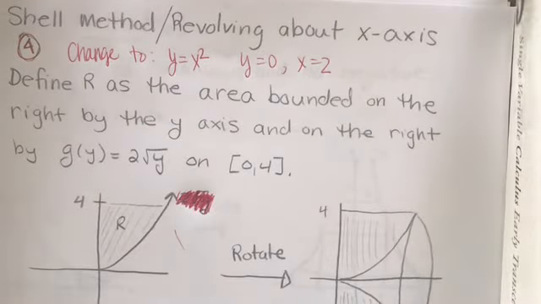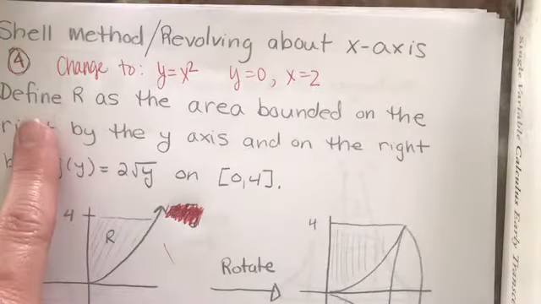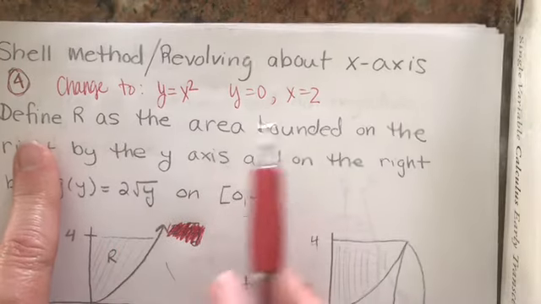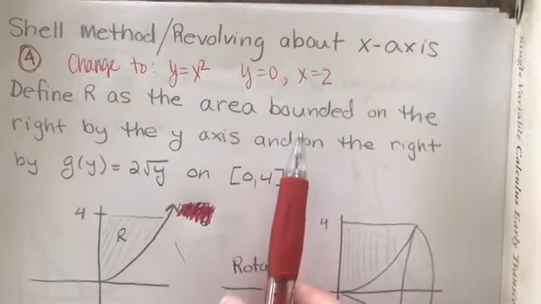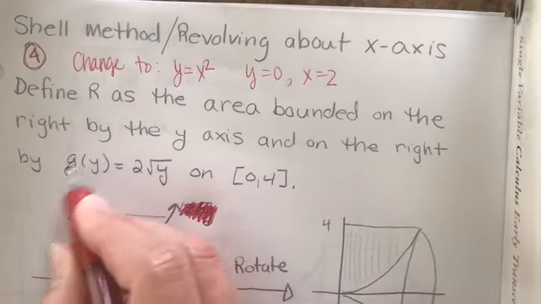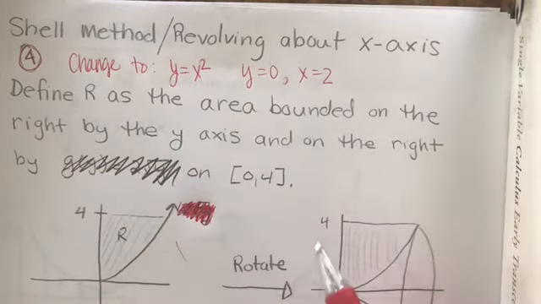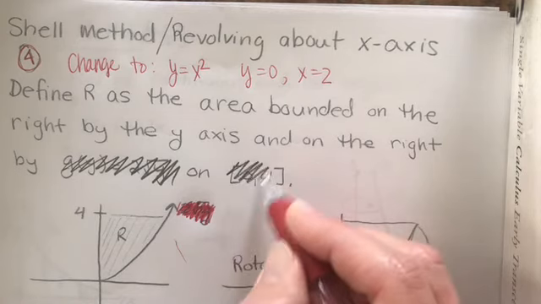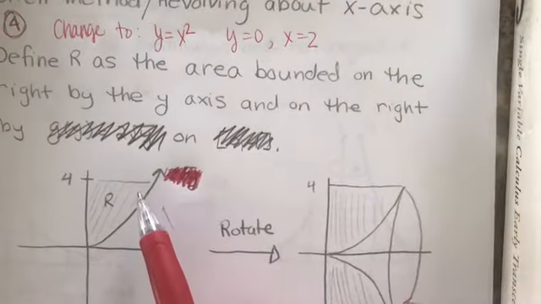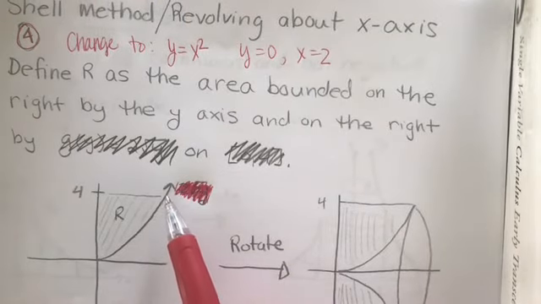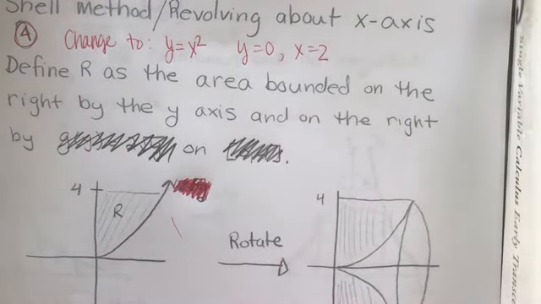Okay, for example 4, I want you guys to change this a little bit, and then it matches up with one of the videos that I sent you guys. So question number 4, if you change it to y equals x squared, y equals 0, x equals 2, and then we'll scratch out this. It's still going to be a parabola, but the difference with this problem is you're going to rotate it around the x-axis.